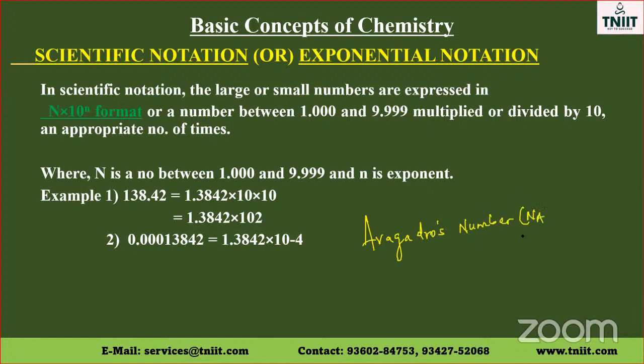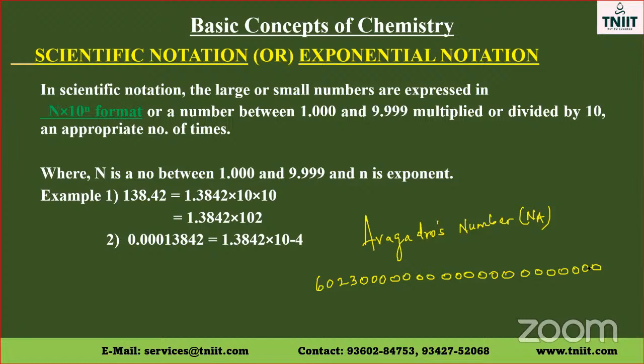Avogadro's number is represented as N_A, and it is 6.023 followed by 23 zeros. So this is the number. This is a very large number.